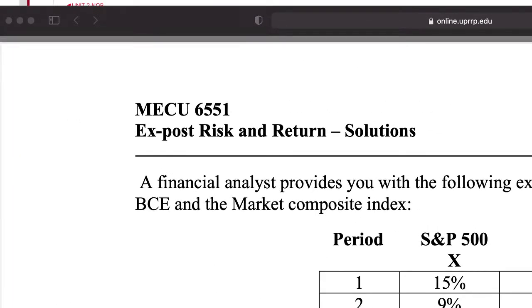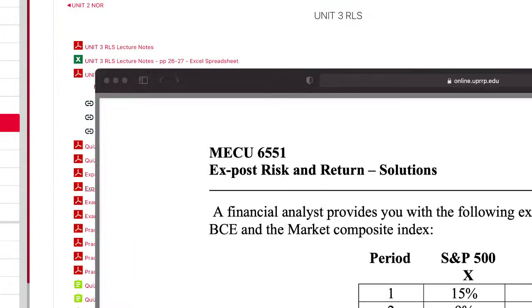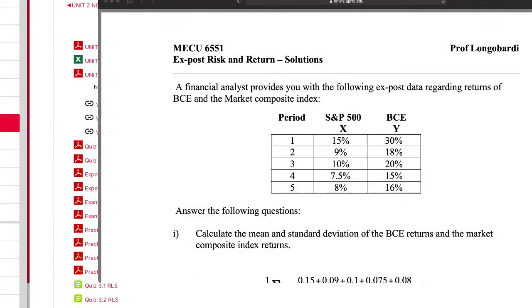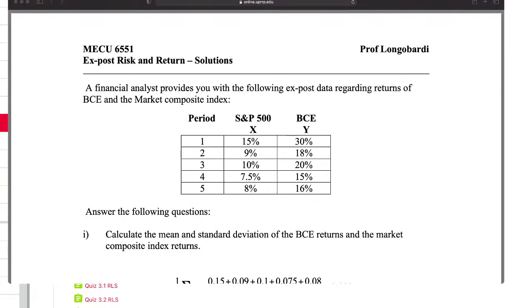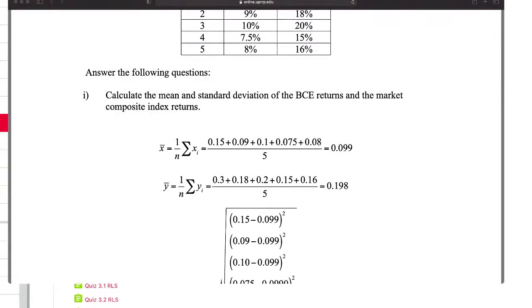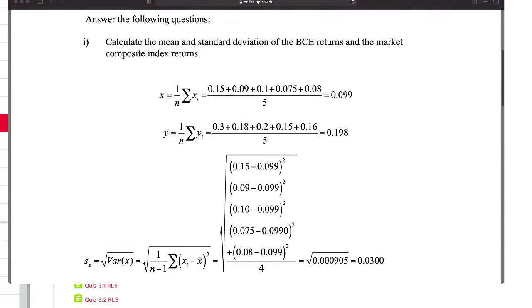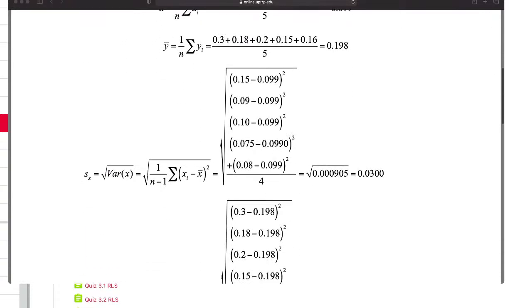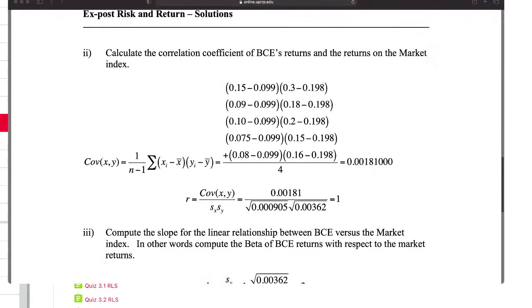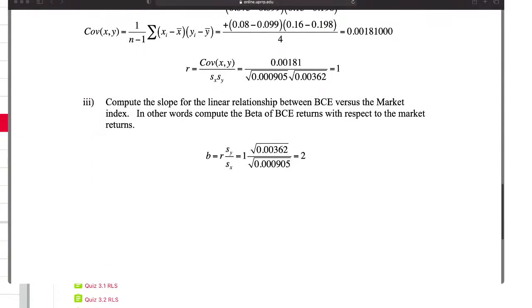So I just opened up that link, and this page opened, where you have the results, okay? So you can see that the results are all here. The mean, standard deviation for each variable, the calculation of the covariance, and the calculation of the slope.